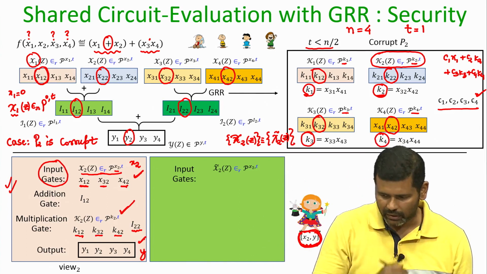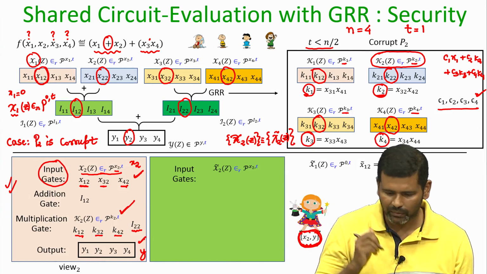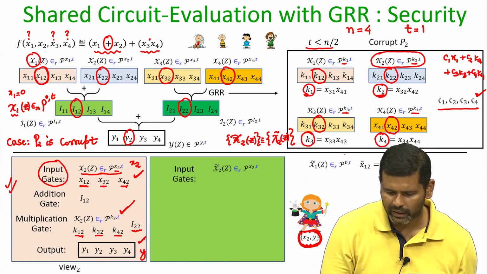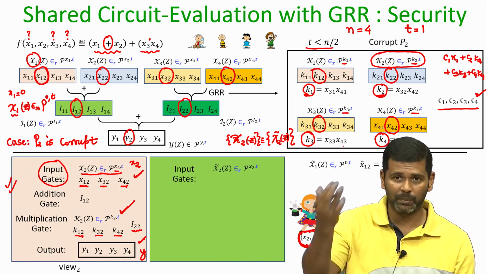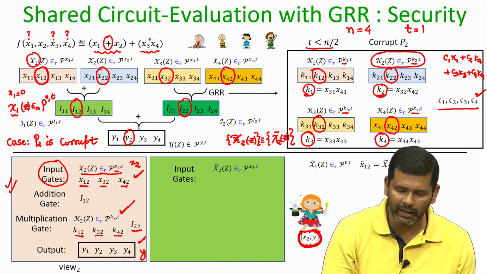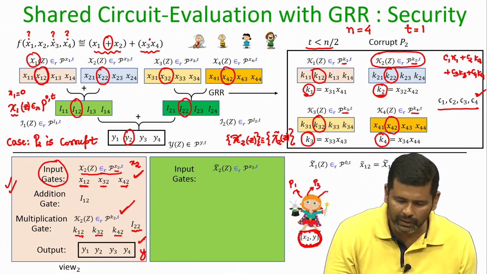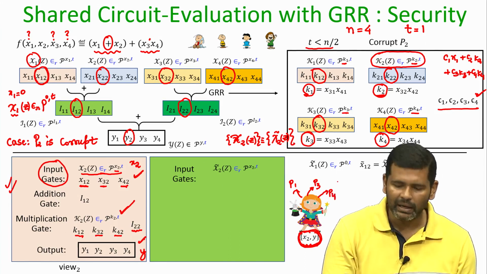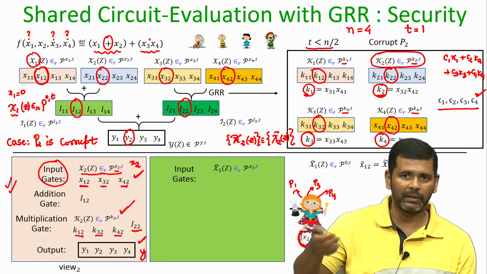So, based on this intuition, it is very simple to simulate those shares. What this simulator is doing is just picking a random t degree polynomial on behalf of an honest P1. That means it is playing the role of P1 in its mind, it is playing the role of P3 in its mind, and it is going to play the role of P4 in its mind and pick sharing polynomials on behalf of P1, P3 and P4.